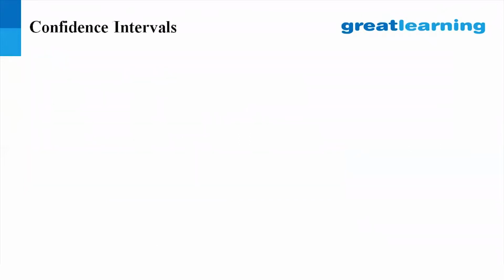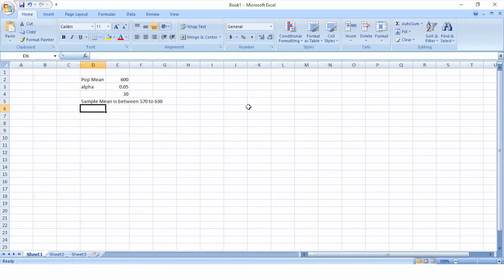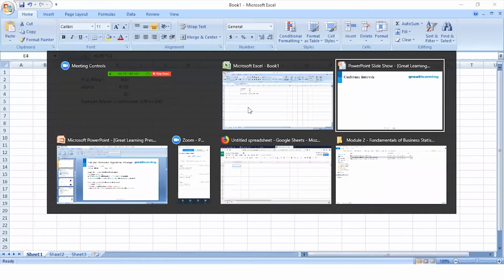Then there is the confidence level, which is nothing but what we just saw. Since our alpha was 0.05, which is 30 for 600, the confidence interval was between 570 to 630. That means that when a sample falls between 570 and 630, we are allowing our mean to be between 570 to 630. This is actually what the confidence interval is.